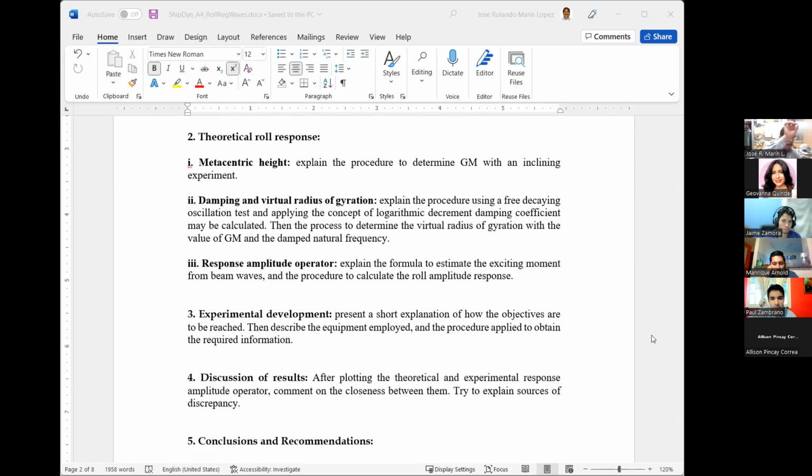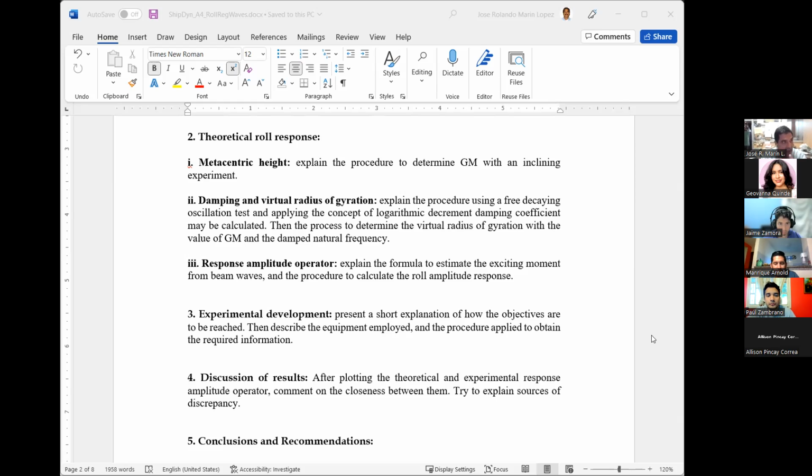You take the largest value, and with it you calculate the logarithmic decrement. From there, you get zeta. And also, from the distance from point to point, you have the GM, you have the weight. So the only parameter that you need to calculate is the virtual inertia, if you know the damping, which was already calculated. So from step 2, you get the damping coefficient and also the virtual inertia.